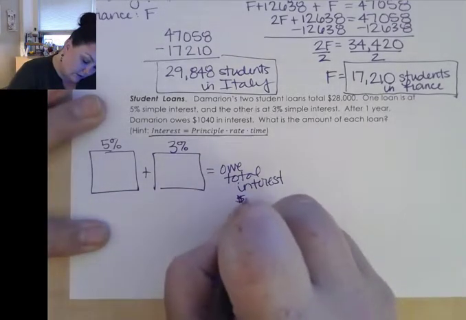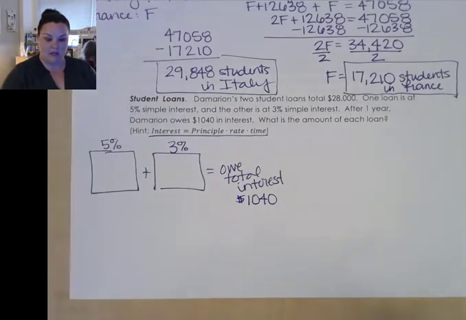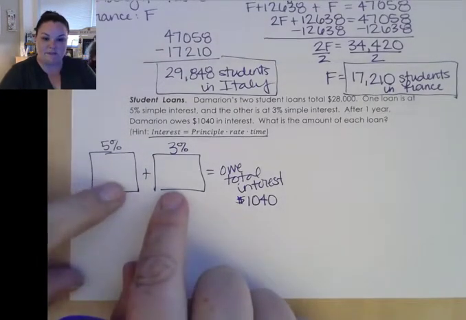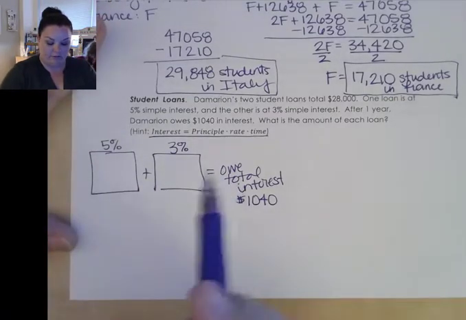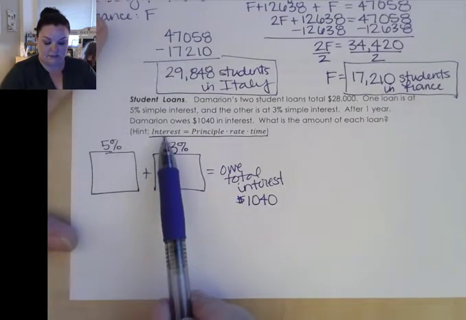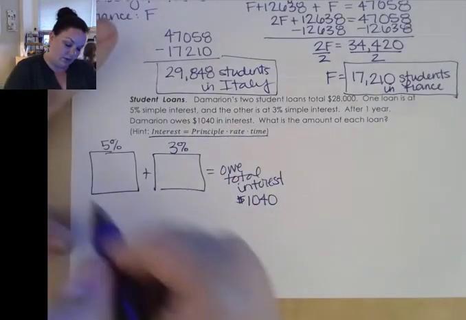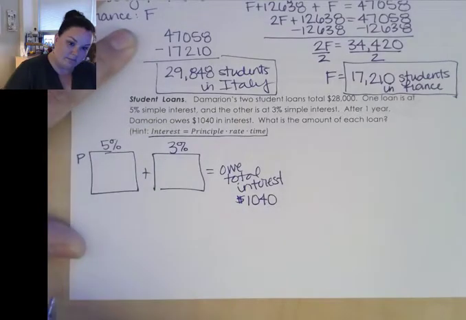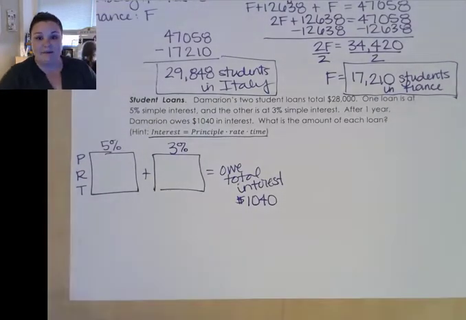He owes $1,040 total, okay? But I still need to know how much interest was in this account and how much interest was in this account. And remember, our formula says interest is equal to principal times rate times time. So for each of these, I need to know the principal amount, the rate, and how much time it's spent in that account, okay?